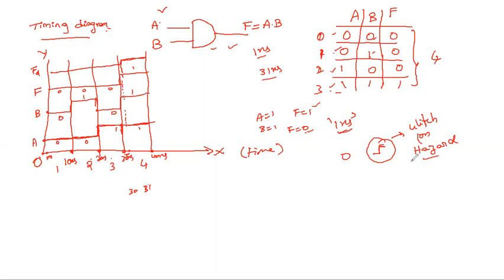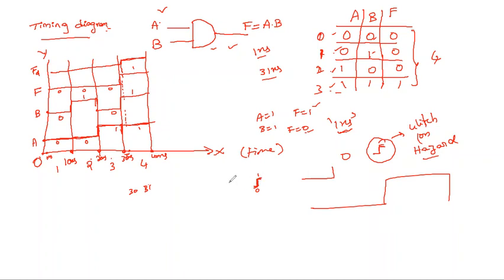That is not an error. We are getting 1, but within a very small time we get a glitch like this. Instead of 1, we get 0 for a very short time.